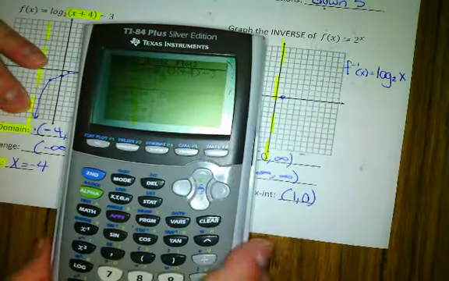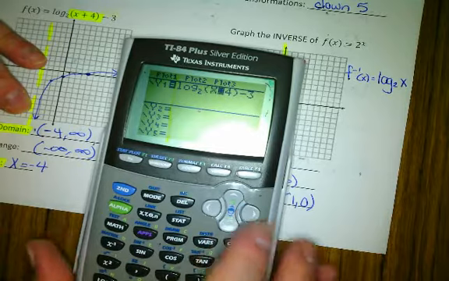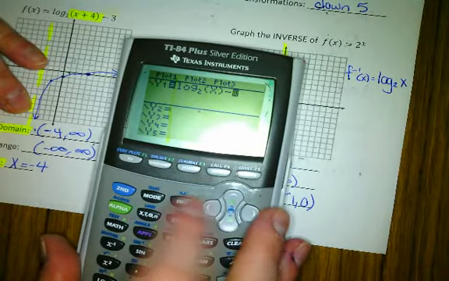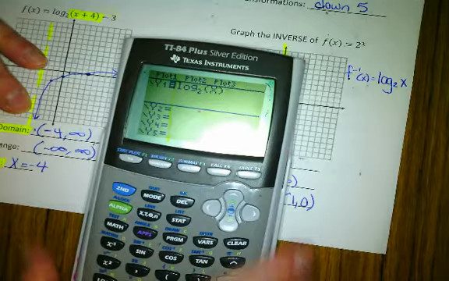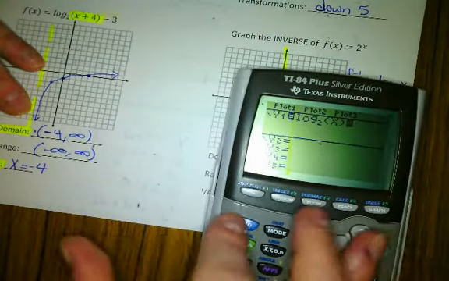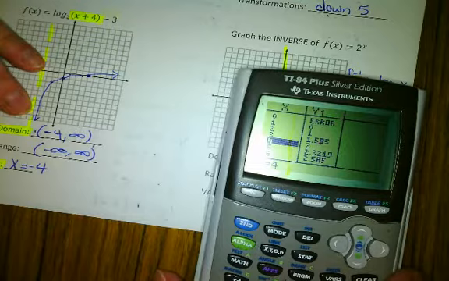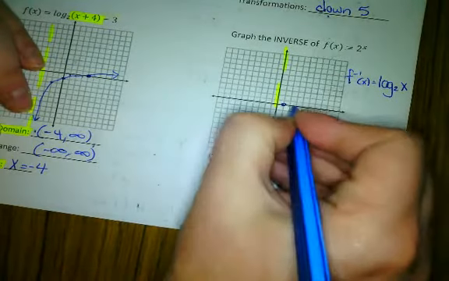Now, if you wanted to, you could come over here. Let's see if I can get lucky and delete all this without it being too much of a hassle. All right, so there's my function. And again, if you want to, just pick a few good points. So 4, 2.